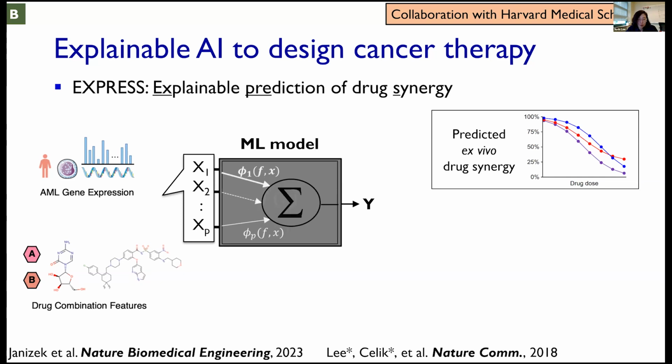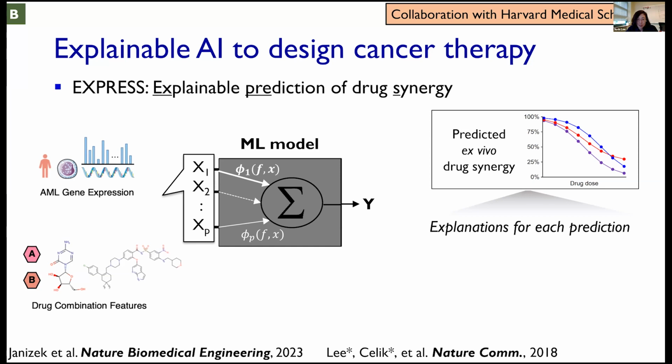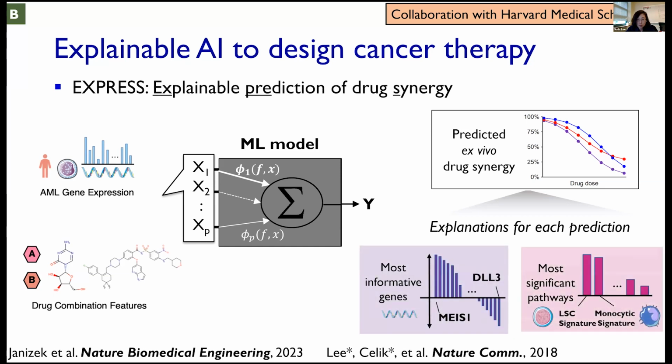But more importantly, we do XAI analysis to understand which genes are important for synergy, and more broadly, which pathways. We also did pathway-level importance computation to get a sense of which pathways are important.